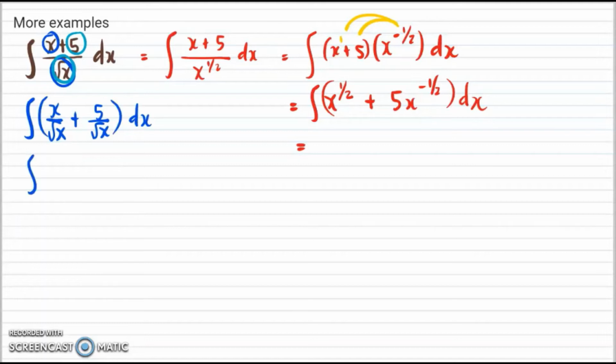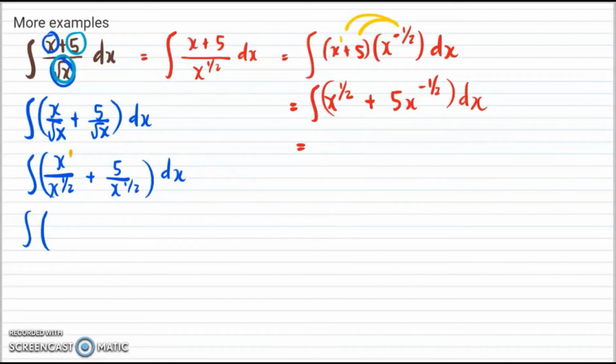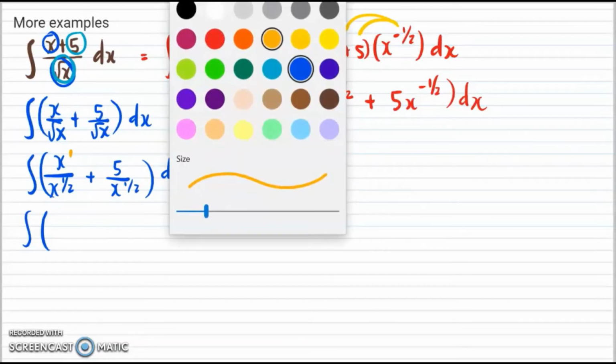And then simplifying this, we have x over x raised to 1/2 plus 5 over x raised to 1/2 dx. Simplifying further, we divide the same base, so apply subtraction on the exponents, right? Again, the implied 1 here. 1 minus 1/2 is a positive 1/2.